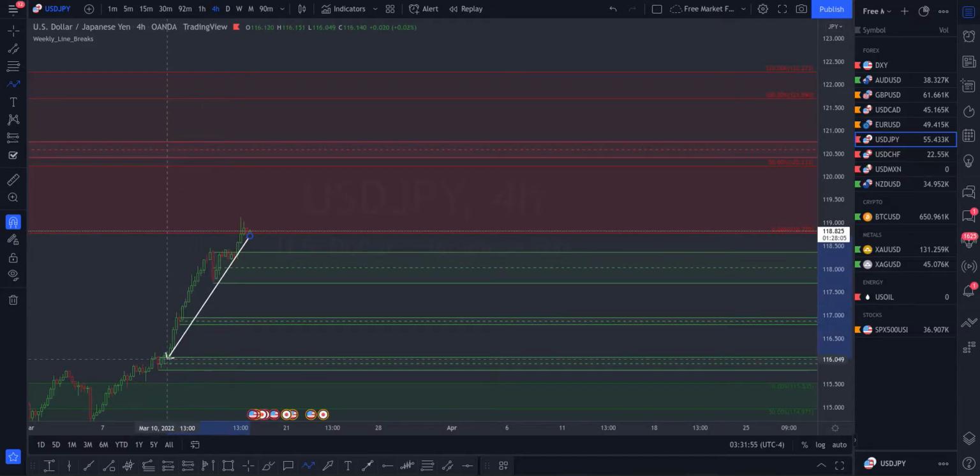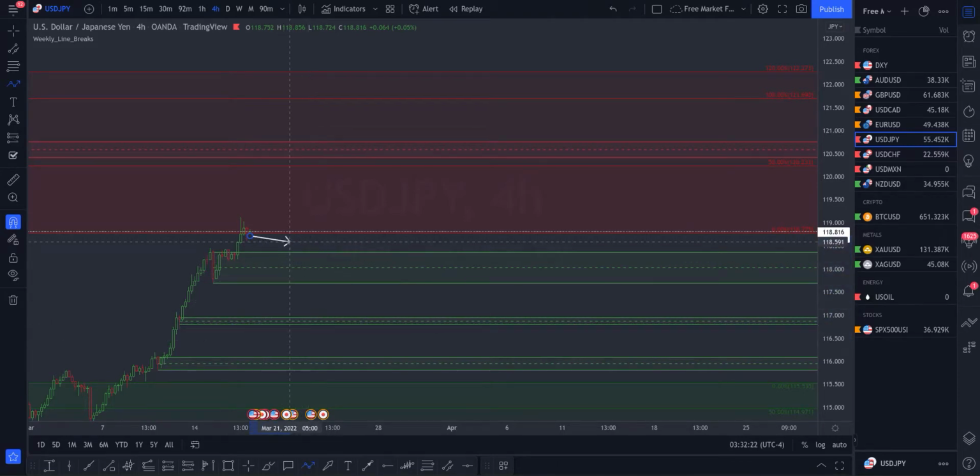And then we actually have candlestick gaps here that need to be filled. That could act as a magnet for price to come down to fill, and maybe take a trade off of any of these demand zones.